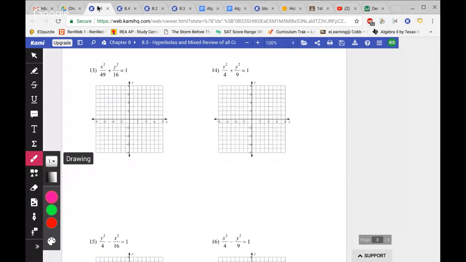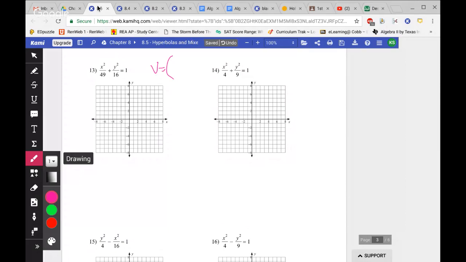All right. So for these, I talked about this a little bit in class, and I'm going to emphasize it again: the bigger number is what tells you the major axis, or the vertices. In this particular case, the larger one is 49. So my vertices, I'm just going to write a V, are going to be on the x axis.